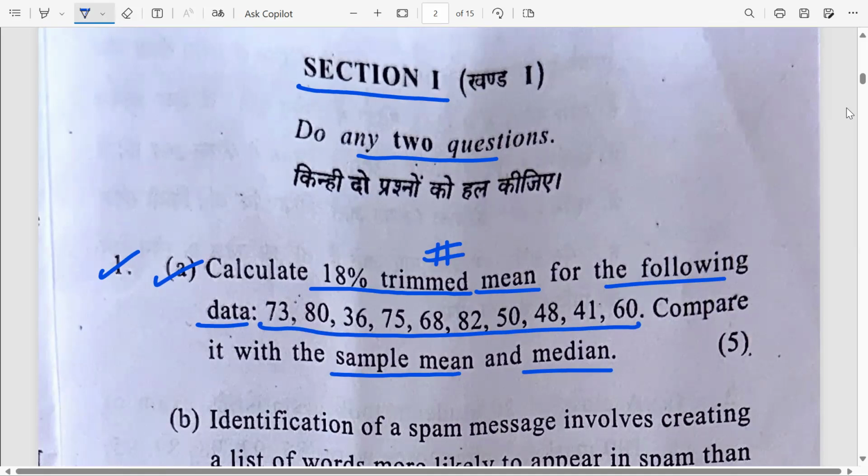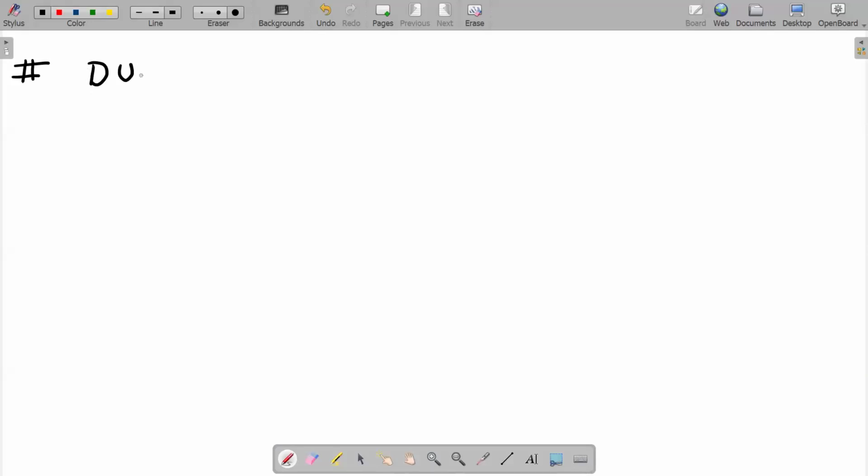I'm writing the main heading just for completeness. This is Delhi University, exam 2024. Name of the course is Introductory Statistics for Economics.